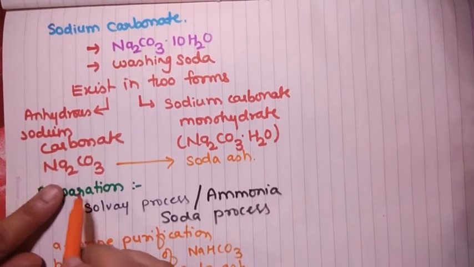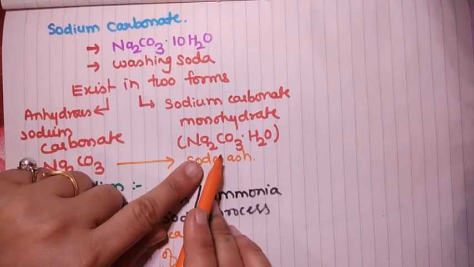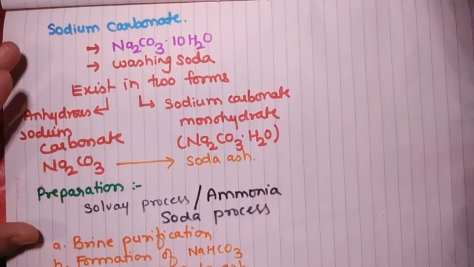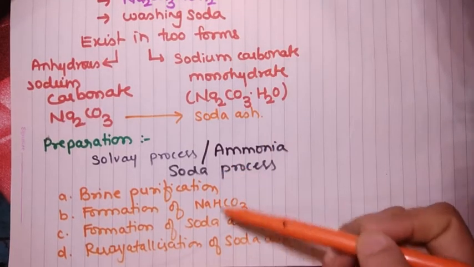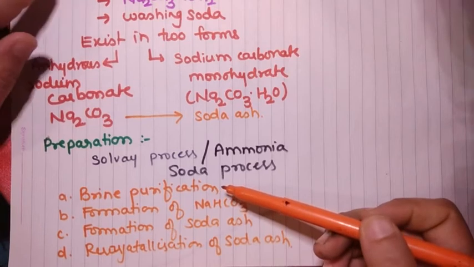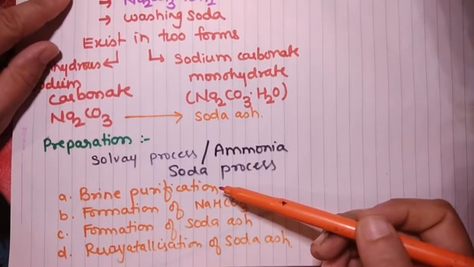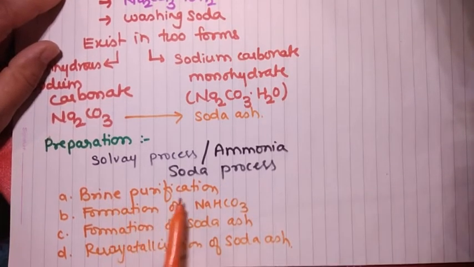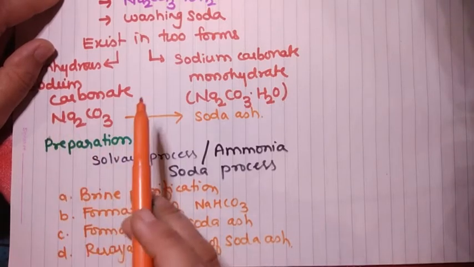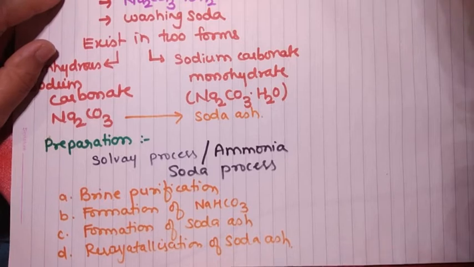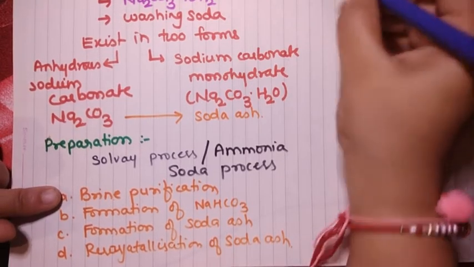Now this will be converted into this form, so that is called recrystallization of soda ash. So these are the four processes for obtaining sodium carbonate: first is brine purification, formation of sodium bicarbonate, formation of soda ash, and recrystallization of this soda ash to form washing soda.